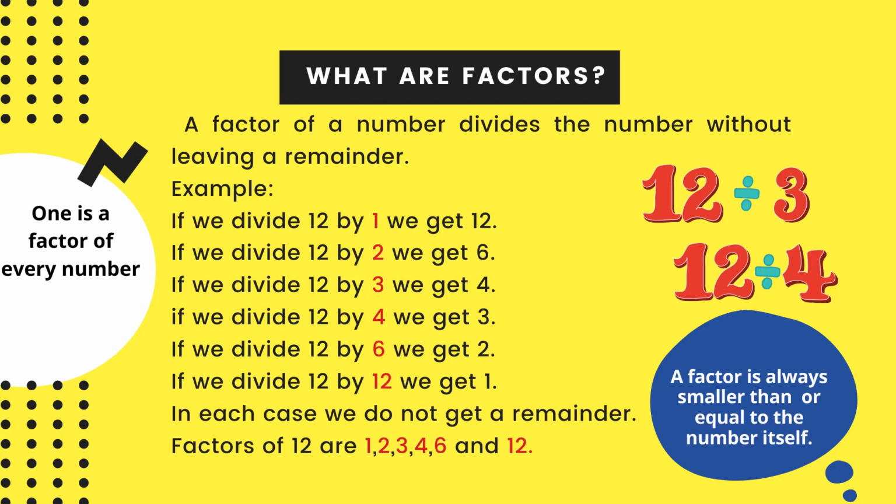Therefore, we can say that numbers 1, 2, 3, 4, 6 and 12 are all factors of 12. It is important to remember that 1 is a factor of every number, and a factor is always smaller than or equal to the number itself.